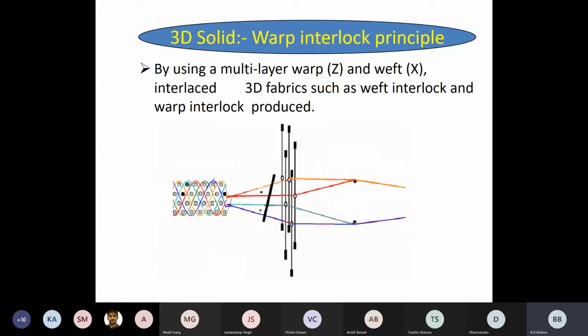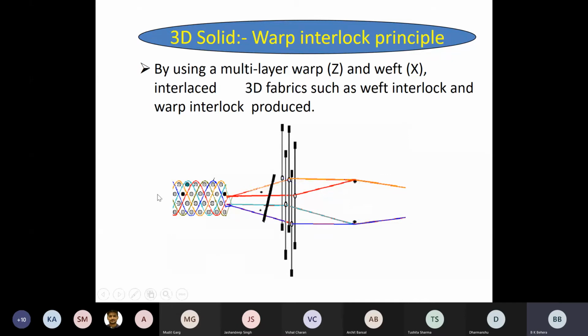Look at this, how the yarns are coming and how they are making the fabric. So this is a multi-layer Z and X is the weft yarn here. So this is weft interlock and warp interlock you can produce this way.